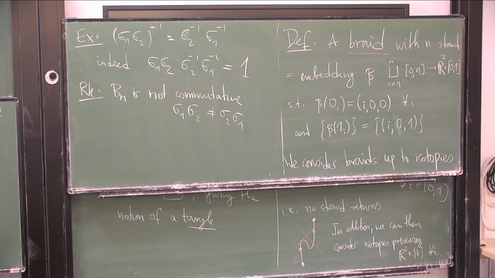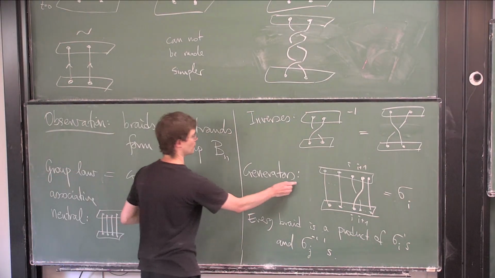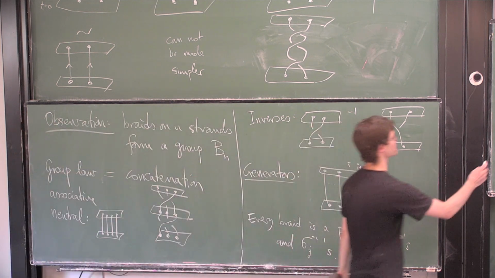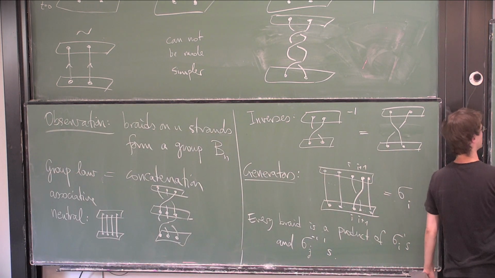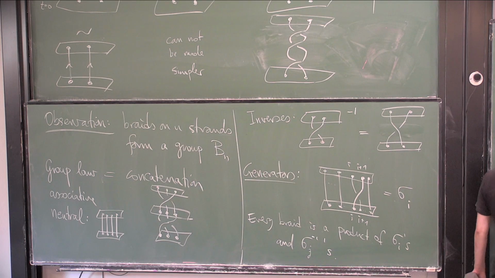Okay, so what we often do in math is, when you have generators, you can ask about the relations between these generators. And that's this very nice theorem due to Artin, which tells you what the relations in the braid group are.